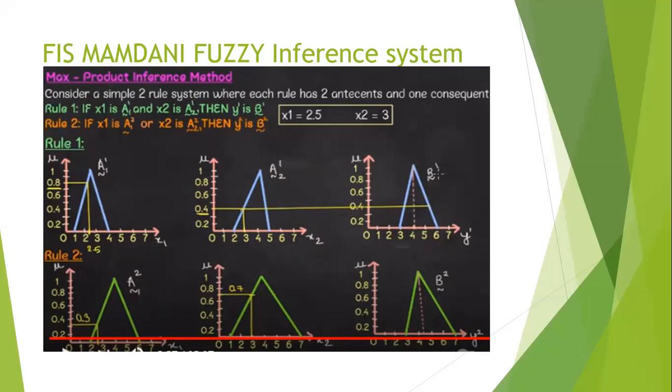You are able to describe your fuzzy sets in different descriptions. Likewise, you have different types of membership functions: ellipsoidal, triangular, bell shaped, gradient shaped, like that. You have different varieties of membership functions. Okay, hope it is clear.